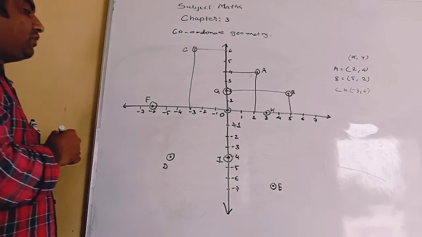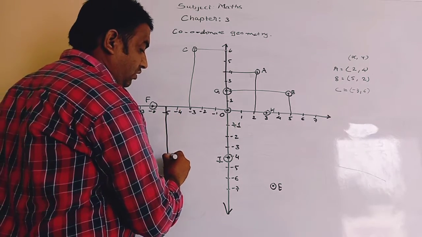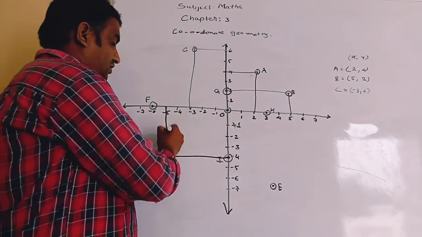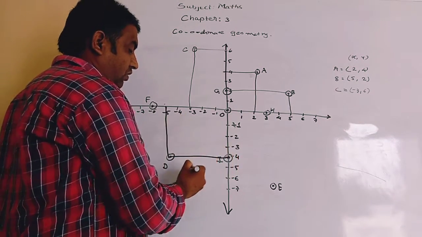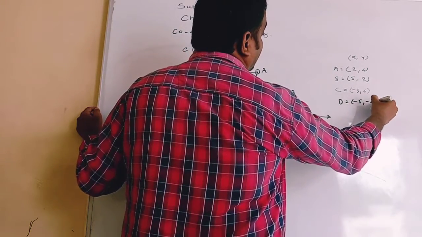If we want to find the location of D, then from D we draw perpendiculars on the axes, and we can see that it comes on -5 and -4, so D's location will be -5, -4.